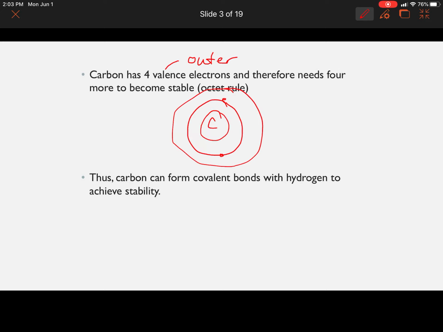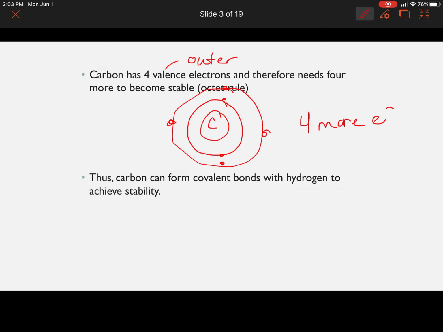And then in its outer shell, it's going to have 4. 1, 2, 3, 4. That means, and remember we draw on Bohr models, this means that carbon needs 4 more electrons to become stable, and this is called the octet rule. So we need 4 more electrons for it to be stable here.